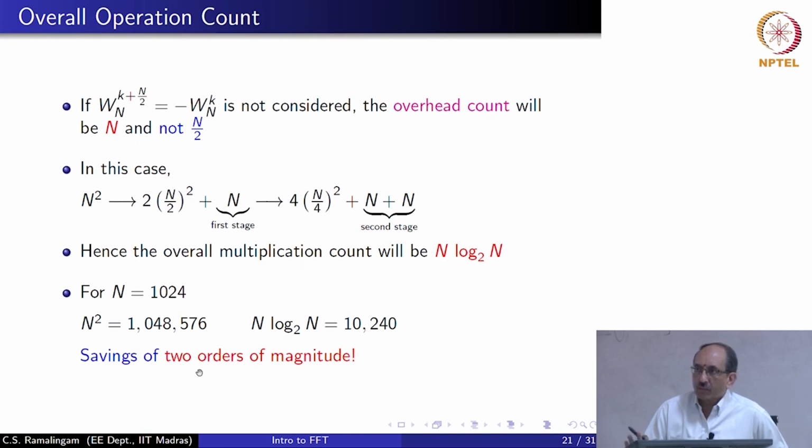Remember, suppose in MATLAB you do DFT and then hit return, suppose it takes 100 seconds, a minute and 40, you have to wait for a minute and 40 before the answer comes. Instead, if you use FFT, it is 100 times faster. You hit return and you will get the answer in 1 second. To give a feel, 2 orders of magnitude is really significant.